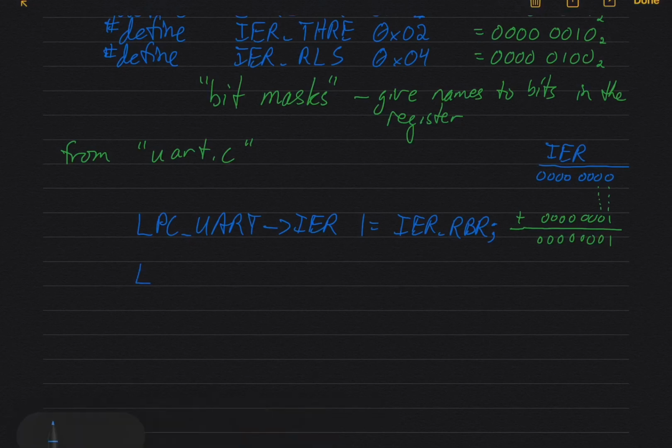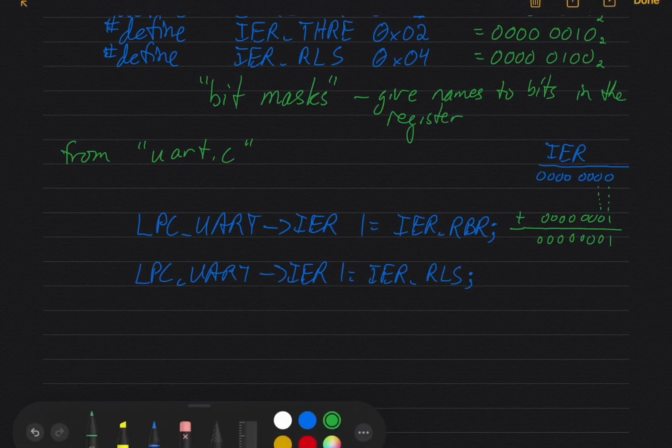Next line, LPC_UART arrow operator IER, interrupt enable register, OR equals IER_RLS. And so let's go back to green here.